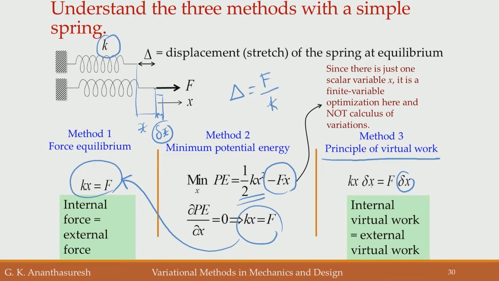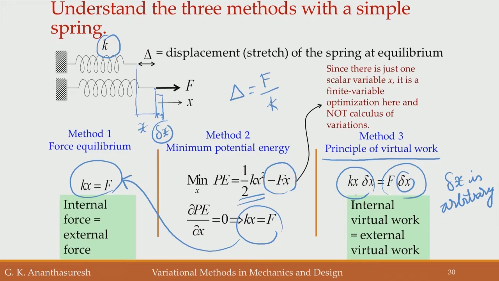So, what does the principle of virtual work say? It says that internal virtual work is equal to external virtual work. There is already f, we imagine that there is delta x, the external force does external virtual work f times delta x, and the internal force k x does k x times delta x. Now, delta x is arbitrary, you can imagine any displacement that you wish, and this should hold for all of them.